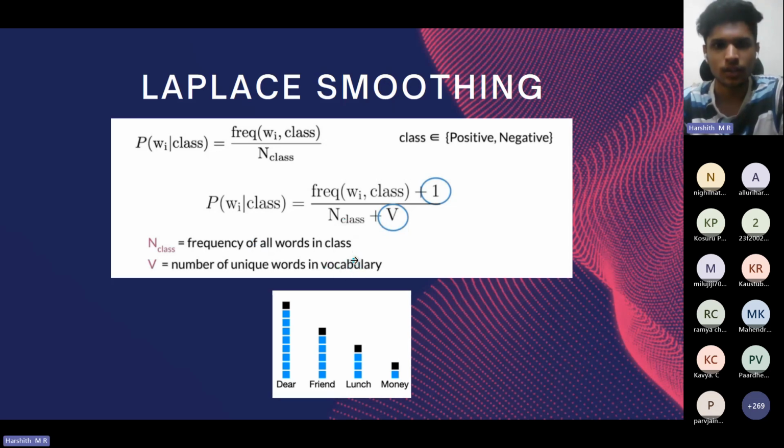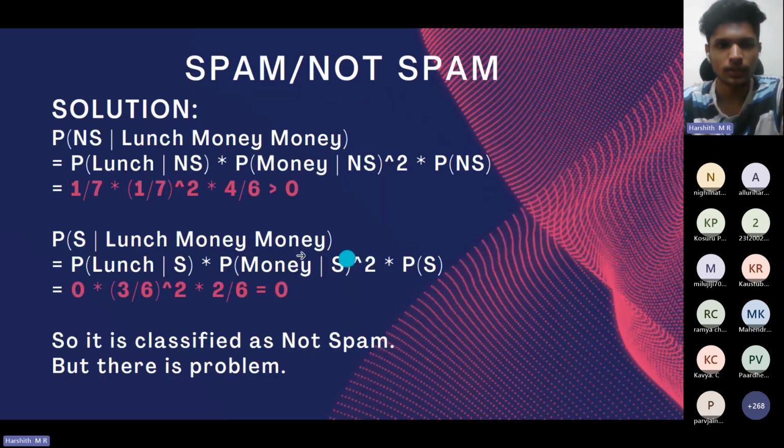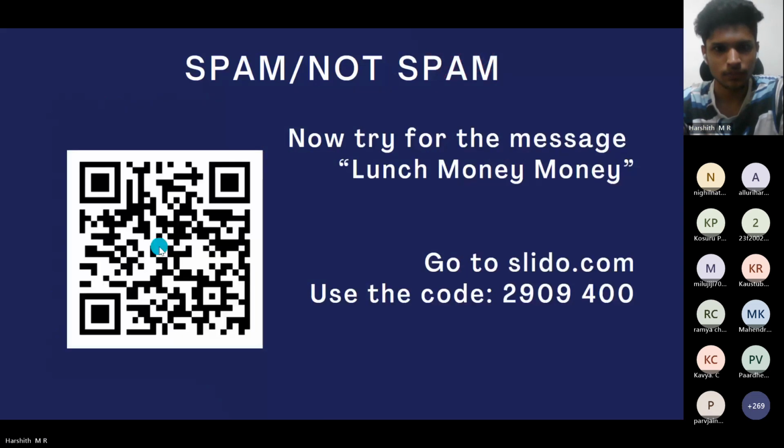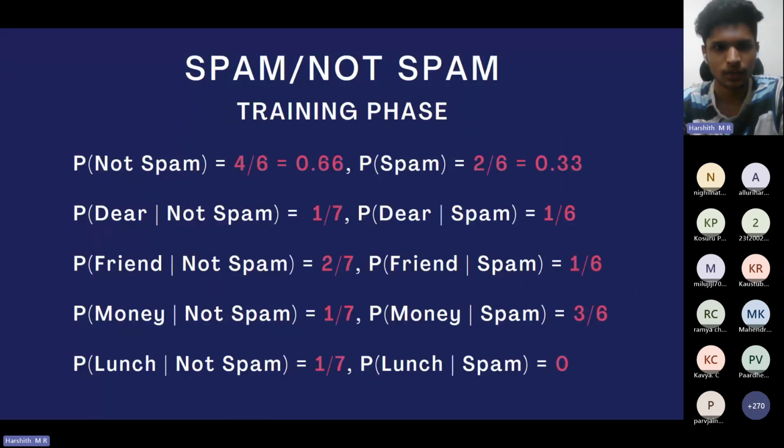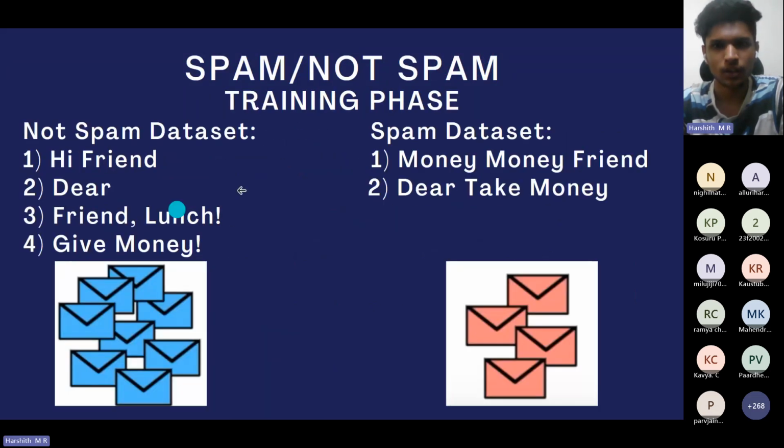So I'll give an example like how it works. Let's go to the previous case. Let's say lunch is not present over here, but by applying Laplace smoothing, lunch would be taken into consideration because it is present in the vocabulary.